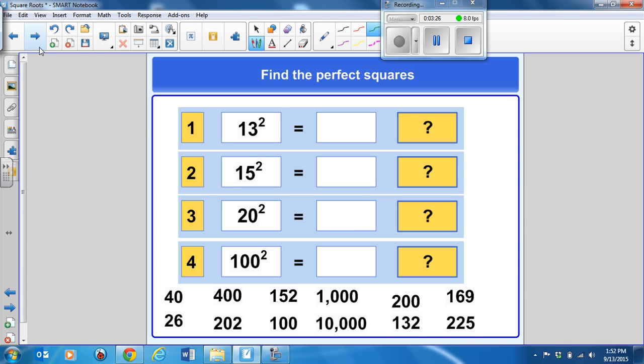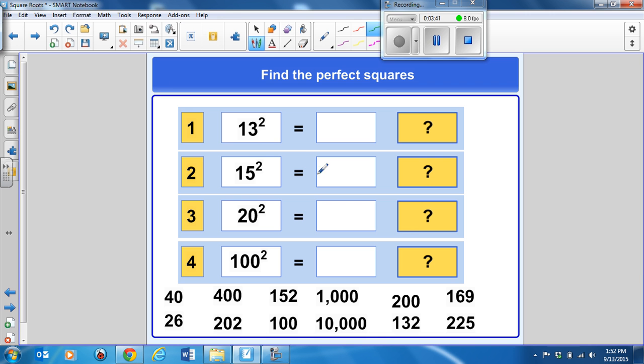Alright, here we go, we have a chart of our perfect squares. We learned this, so this should be review. So what I'd like you to do is pause the video and just take a look at this and determine what 13 squared is, 15 squared, 20 squared, and 100 squared.